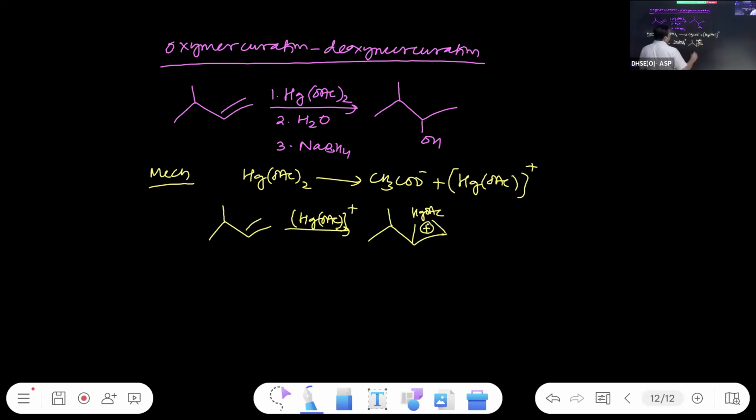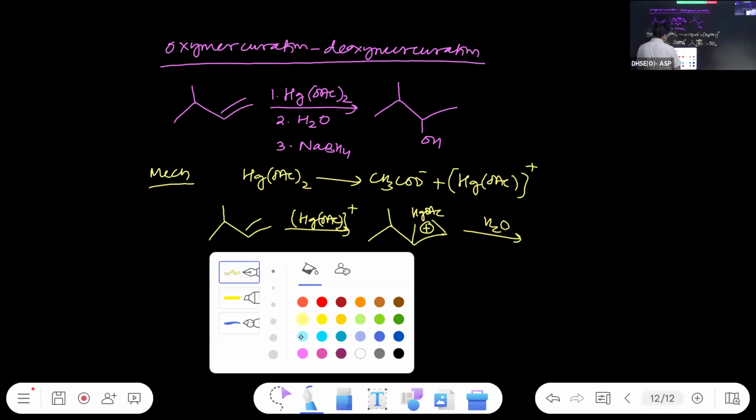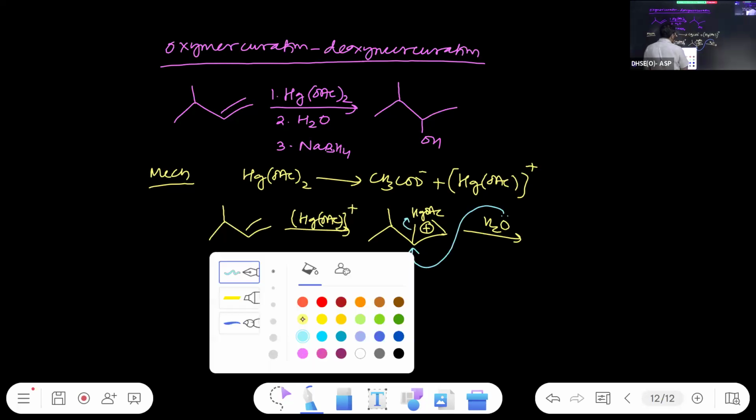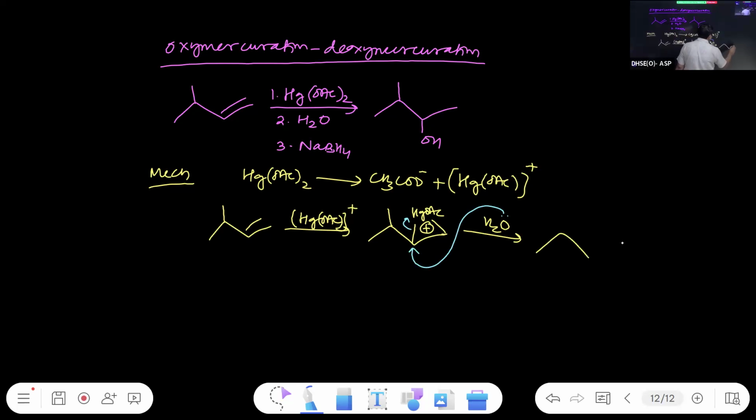Next, water attacks as the nucleophile. The nucleophile attacks the more stable carbocation center, and ring opening occurs.